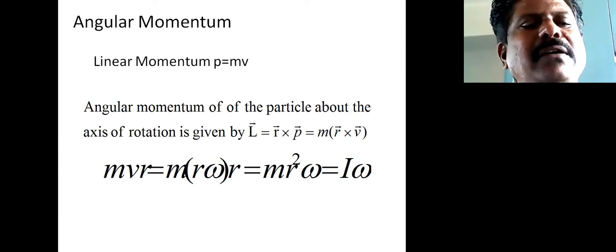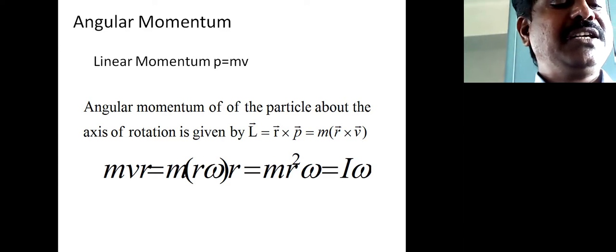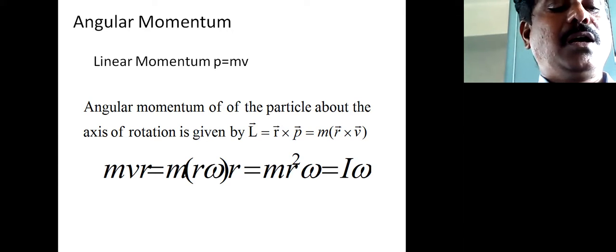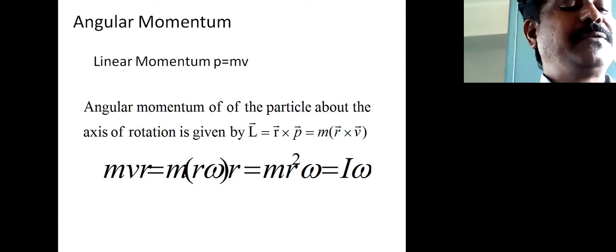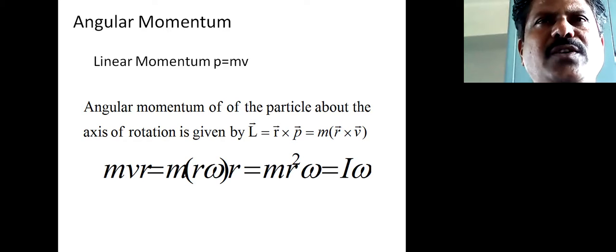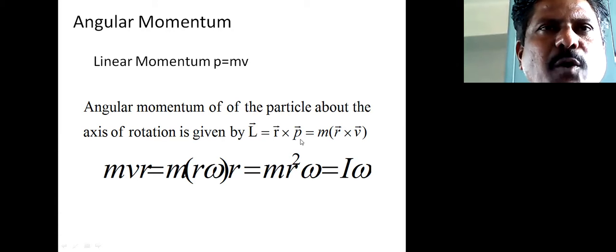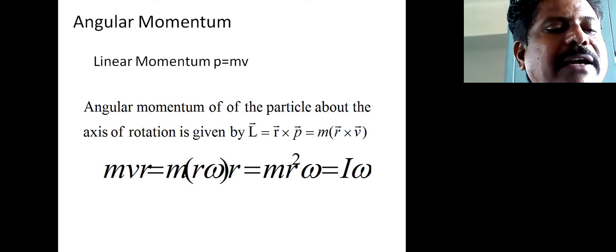The moment of linear momentum of an object about a fixed point is called angular momentum. The moment of linear momentum of an object about a fixed point is nothing but angular momentum.